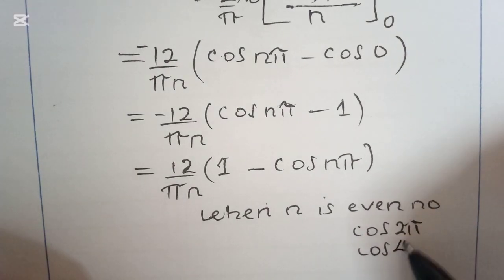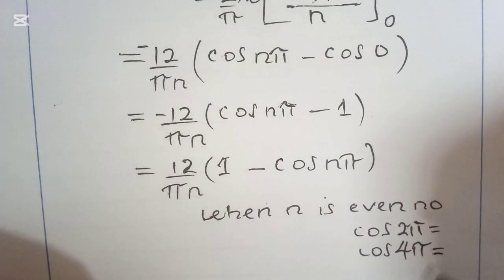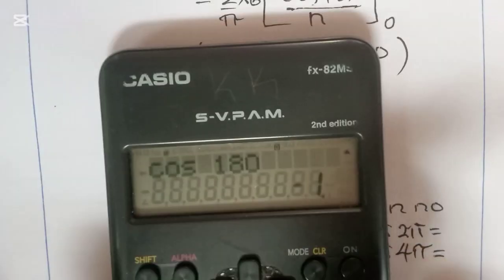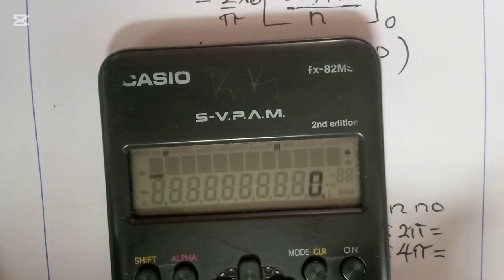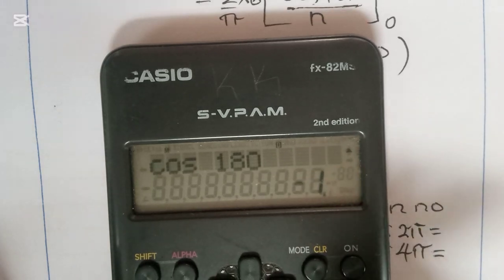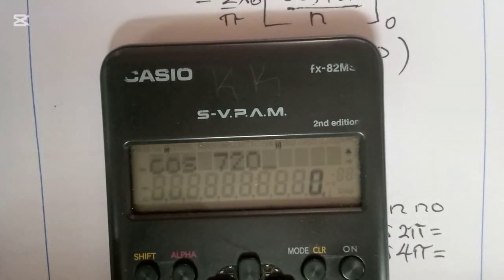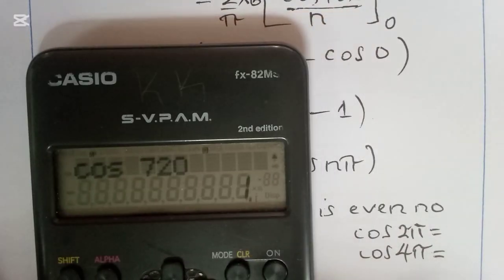Let's see what we get when we put that. So this one is going to give us cos of 180. Cos 180 gives us negative 1. If we go to cos 180 times 4, which is 720, cos 720 gives us 1.